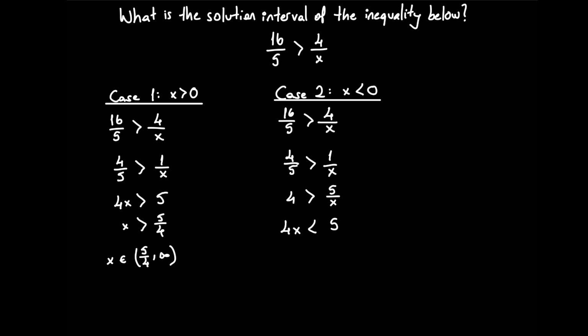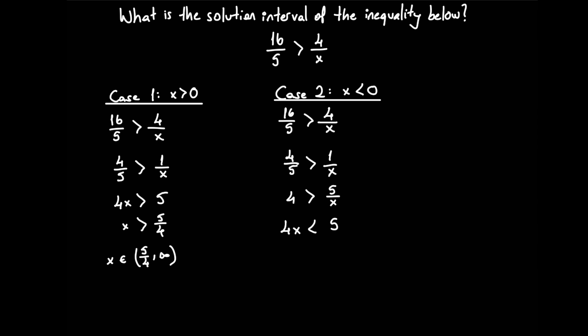The reason the inequality symbol changed from greater than to less than is because passing x to the left hand side of the inequality means that I am multiplying both sides of the inequality by x, and x is, as I said, lower than 0 in our second case.